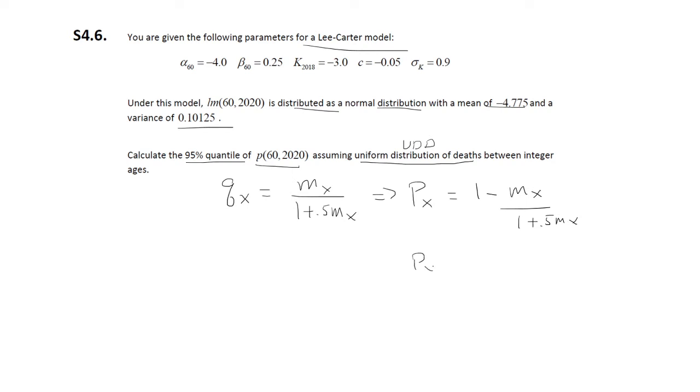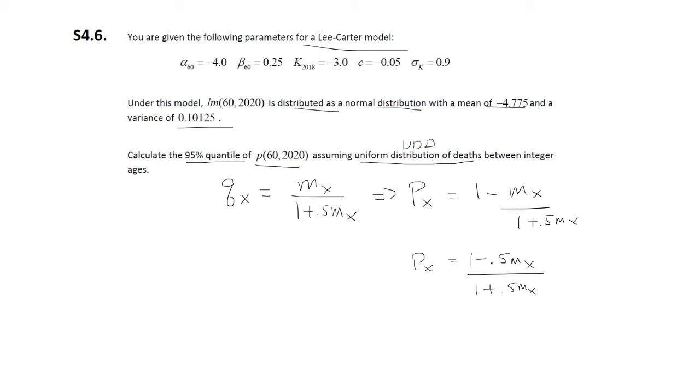And if we get it under one fraction, we should get 1 minus 0.5 times mx over 1 plus 0.5 times mx. So this is the formula that we should use, but there's a couple things.